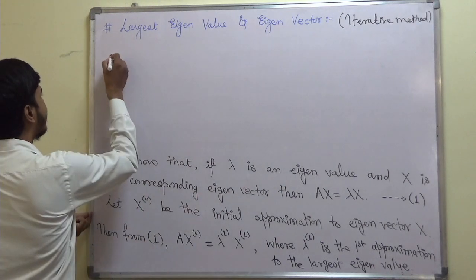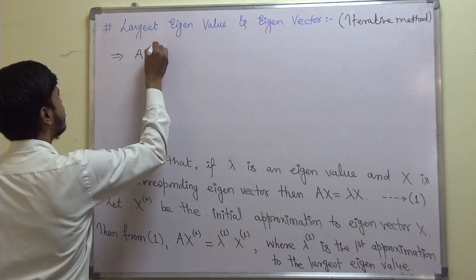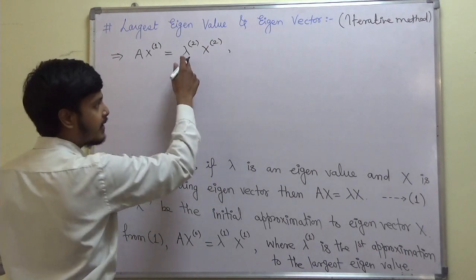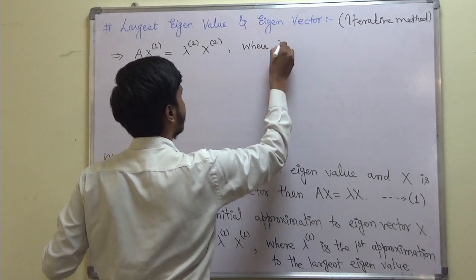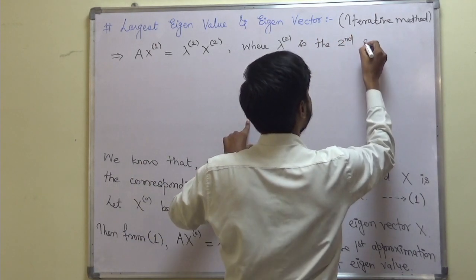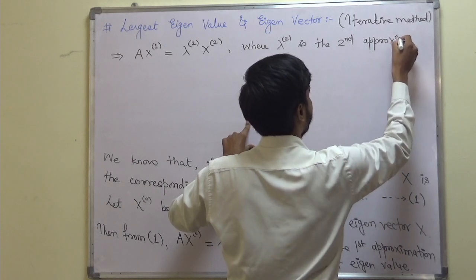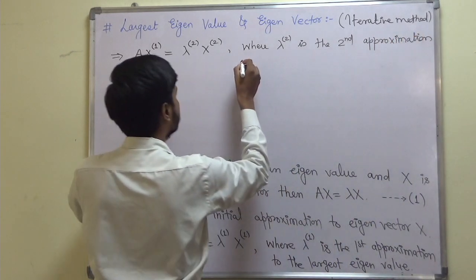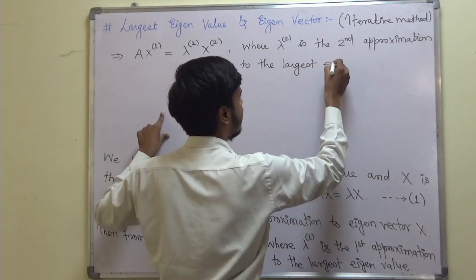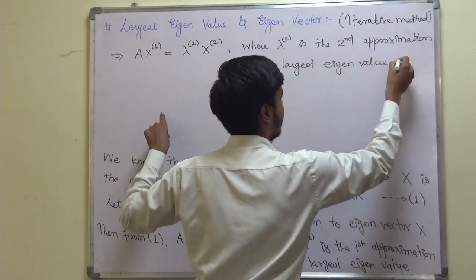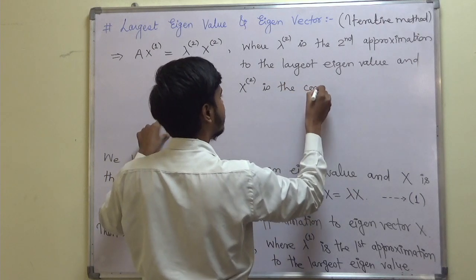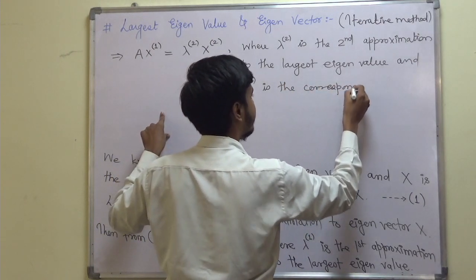So further this will imply Ax1 is equal to lambda 2 x2, where lambda 2 is the second approximation to the largest eigenvalue and x2 is the corresponding eigenvector.